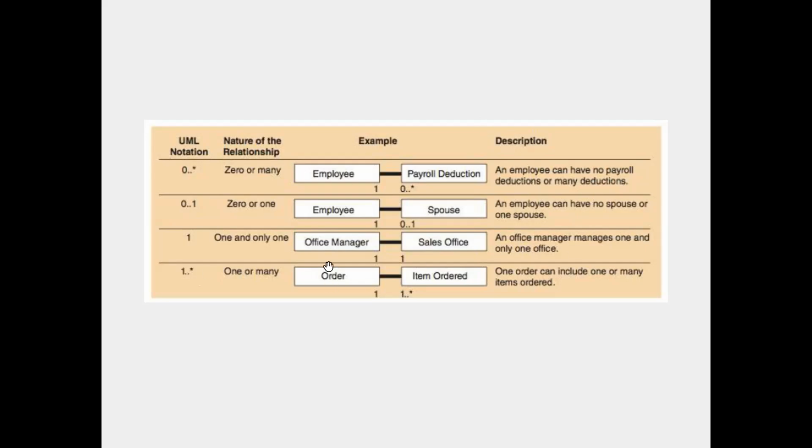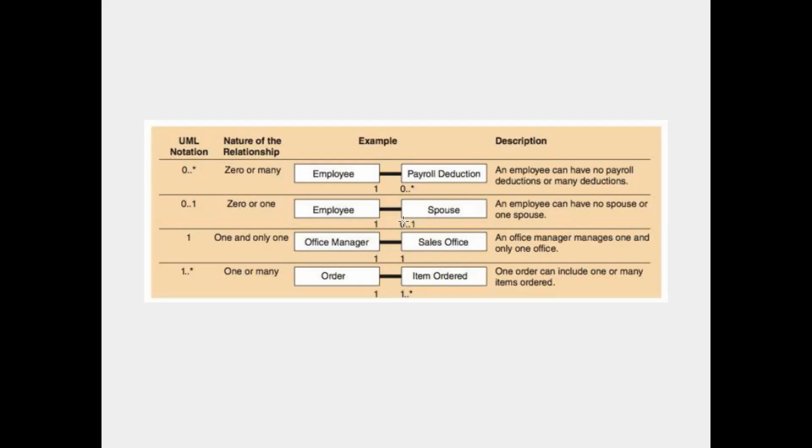Now let's take an example. When you take an employee, there could be 0 or more payroll deductions, right? The description is that an employee can have no payroll deductions or many deductions. The second example: employees can have no spouses or one spouse.